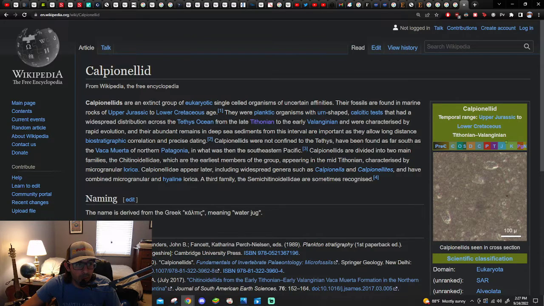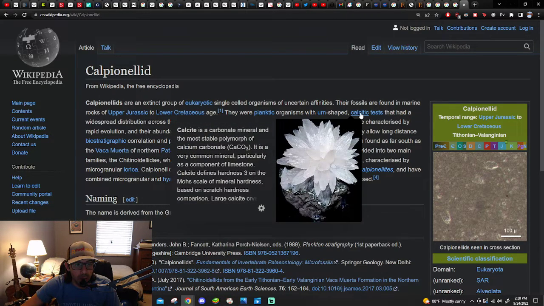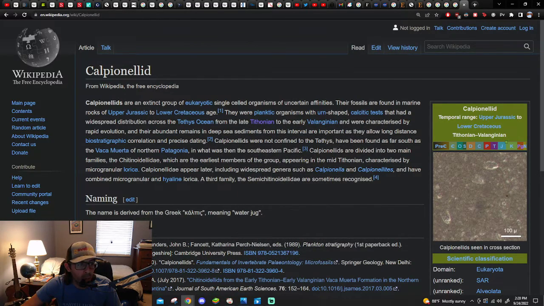Extinct form of eukaryotic single-celled organism of uncertain affinities. Found in marine rocks of Upper Jurassic to Lower Cretaceous age, so only when the Earth blew its top. They were planktic organisms with urn-shaped calcitic tests that had a wide distribution across the Tethys Ocean.